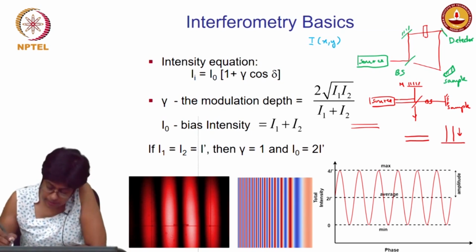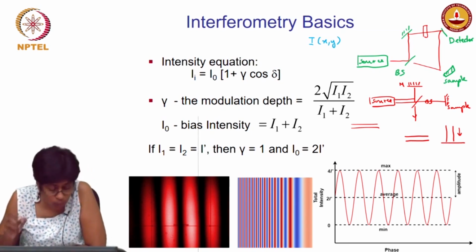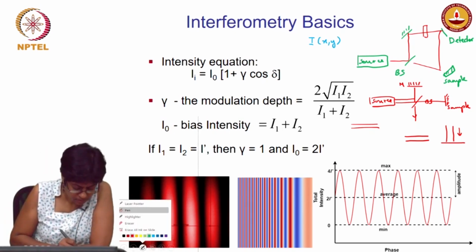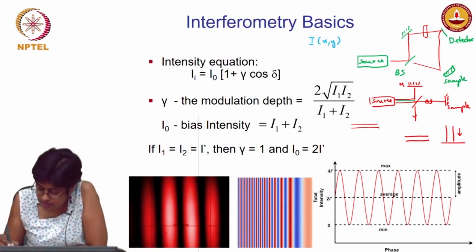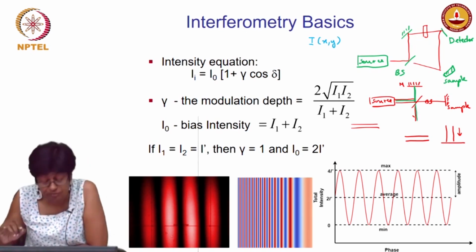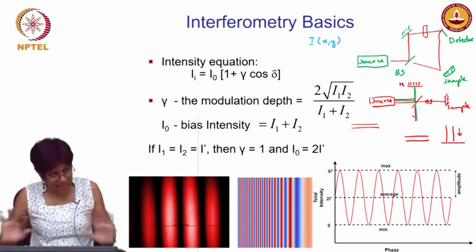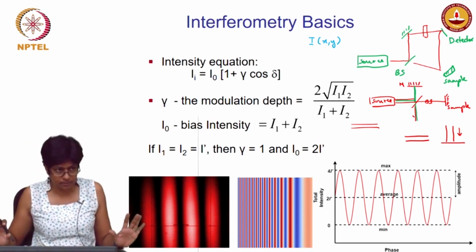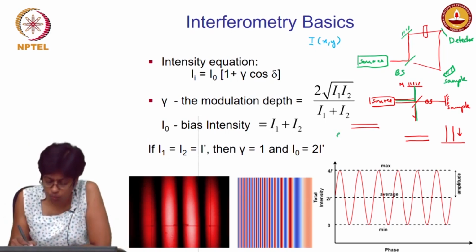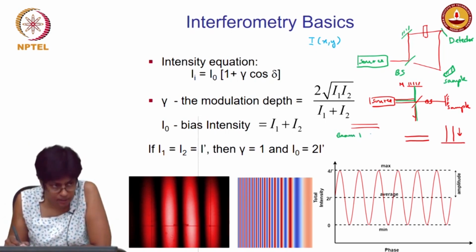Path length, yes, you're right. In the sense, if I trace one beam, it travels this distance, it travels this distance, it travels back this distance, and then it travels this. Let us assume all of that has happened. So let's say beam 1 has traveled an optical path length OPL1.